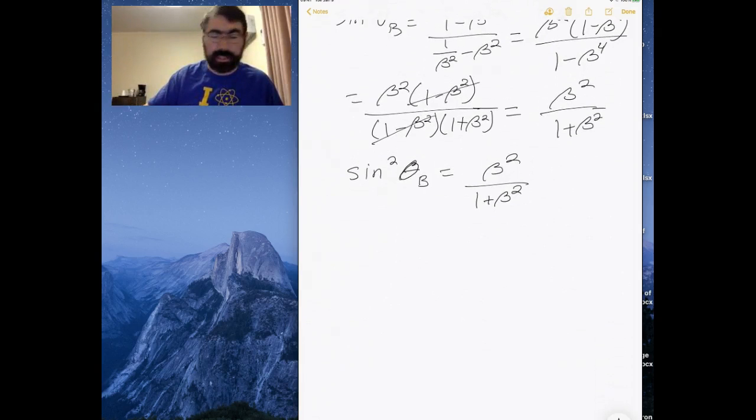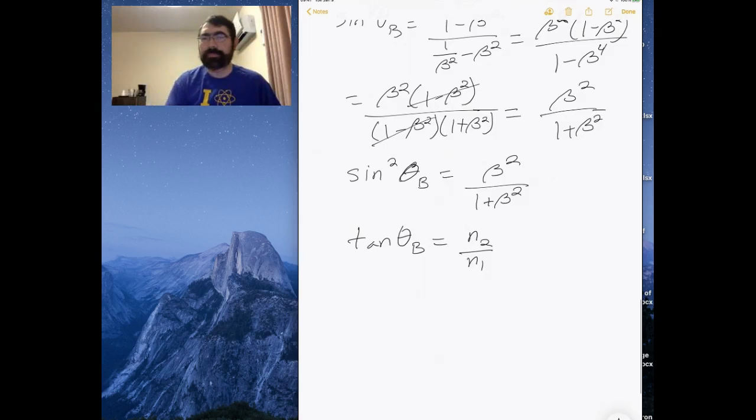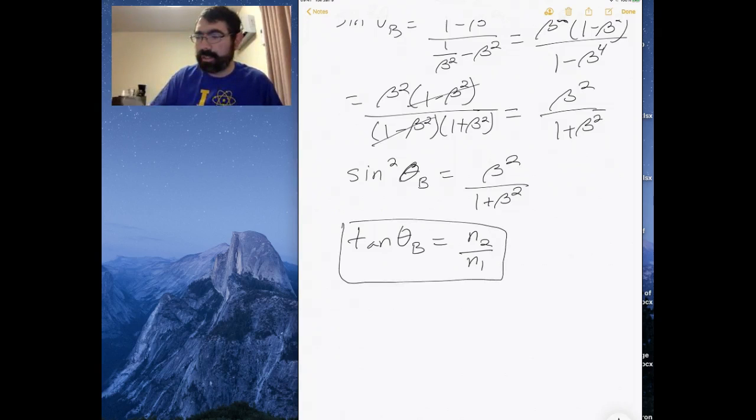You get, in the end, that the tangent of the Brewster angle is equal to n2 over n1, which is essentially beta. I'm not going to go through the algebra, but what you find is this result, that the tangent of the Brewster angle is equal to n2 over n1, which is basically beta.